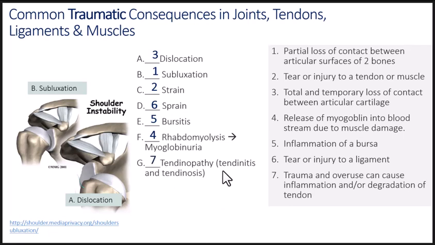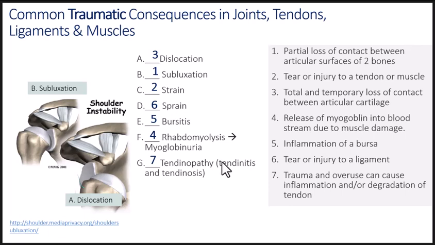Finally, tendinopathy. Tendinopathy refers to some sort of disease or condition or state that is abnormal of a tendon. And we can have two different types, tendinitis and tendinosis, and they're oftentimes used interchangeably.